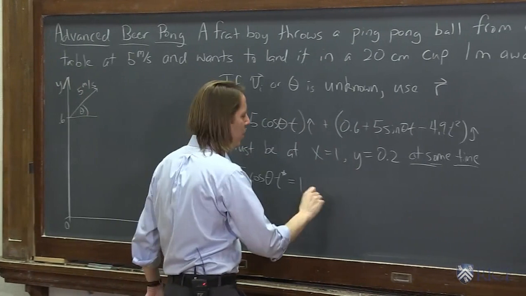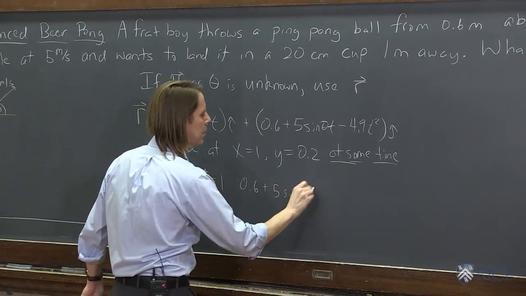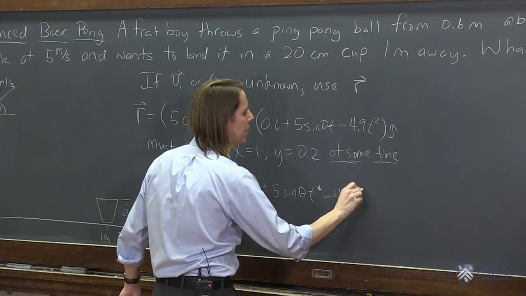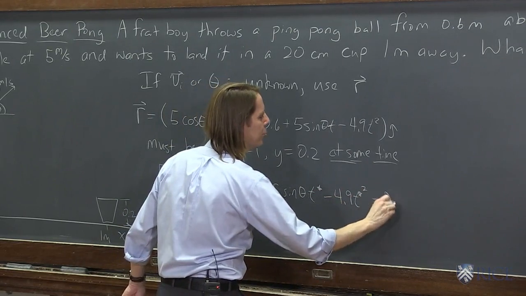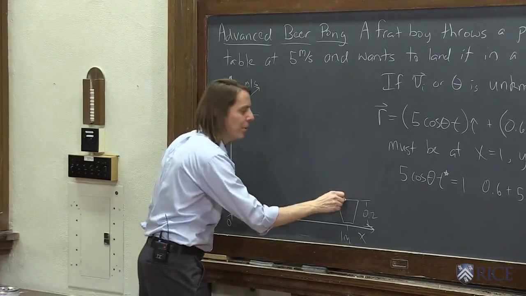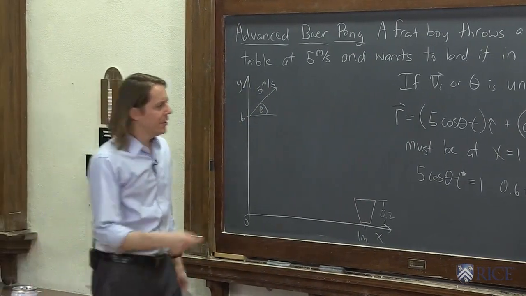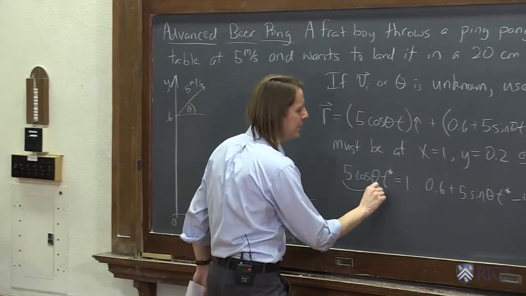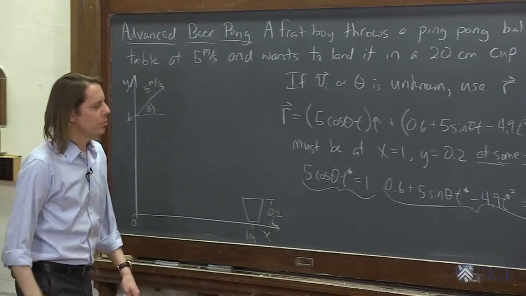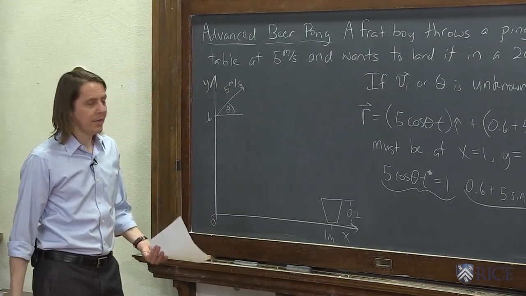And at the same time, y, 0.6 plus 5 sine theta t star minus 4.9 t star squared has to be equal to 0.2, the height of the cup. It has to be right here at 0.2 at time t star. So what we have here is 2 equations. All right, there's an equation, and there's an equation, and 2 unknowns. We don't know theta, and we don't know t star. Of course, what we want to solve for is theta.